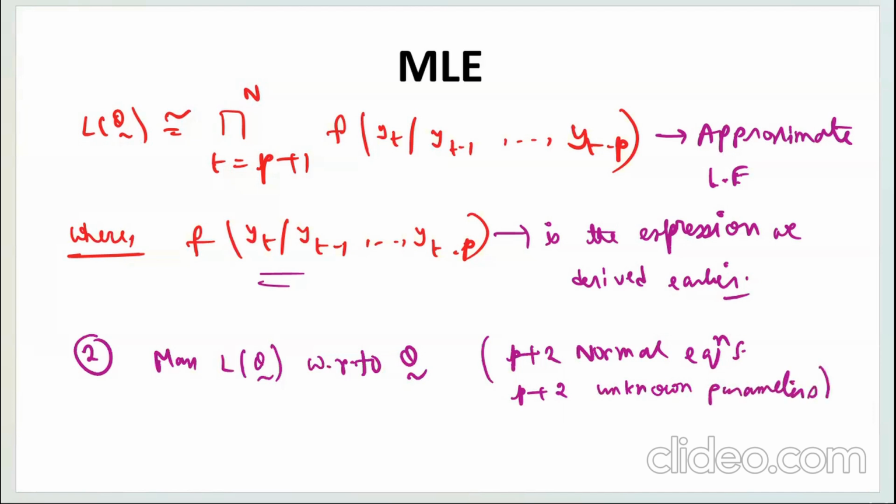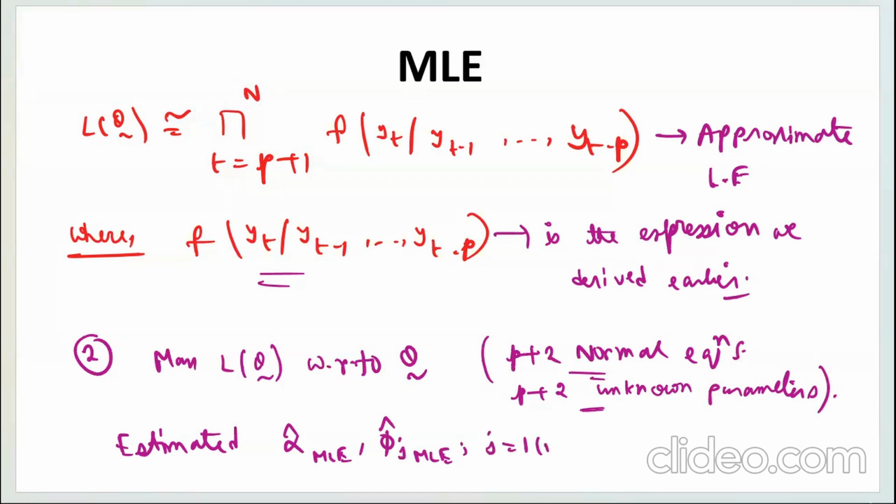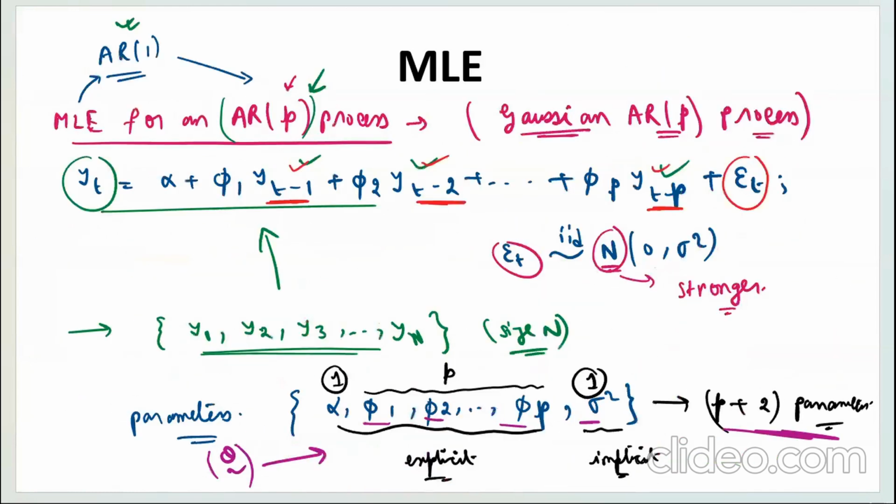And then if you solve, you will get the estimated values: alpha cap MLE, phi cap j MLE, where j is from 1 to p, and also sigma square cap MLE. Right? The process is exactly the same. Let me tell you once again what I have done here. The only difference lies in finding the likelihood function, writing the exact form of the likelihood function. Everything else is the same.